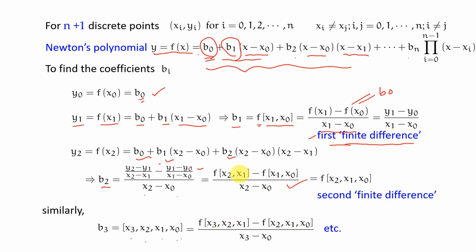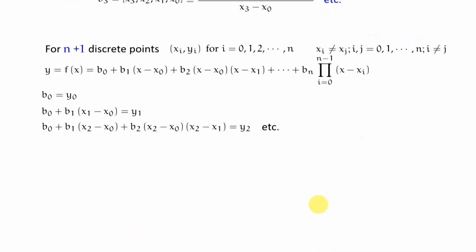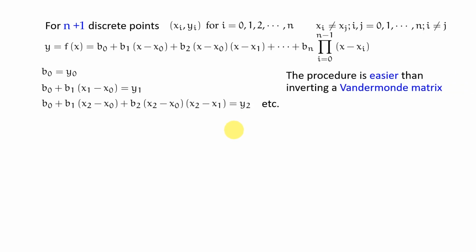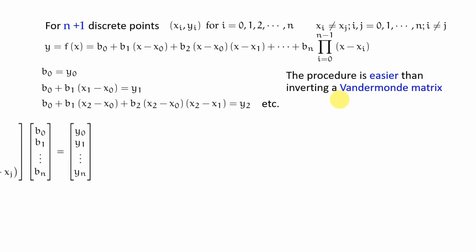The second finite difference is again written in terms of the first finite difference. The first finite difference is written in terms of the value of the function. So we can proceed in this way, one unknown at a time. One unknown at a time is somewhat equivalent to inverting a triangular matrix, but at least we can agree here that inverting a triangular matrix is much easier than inverting a full Vandermonde matrix.